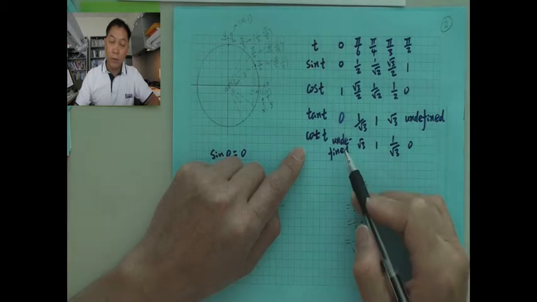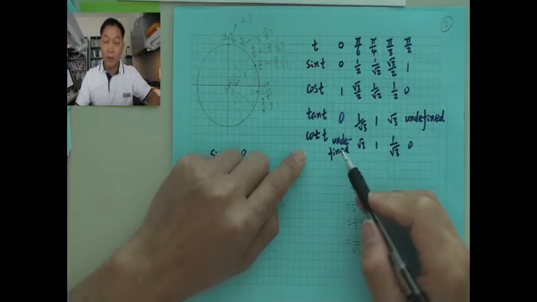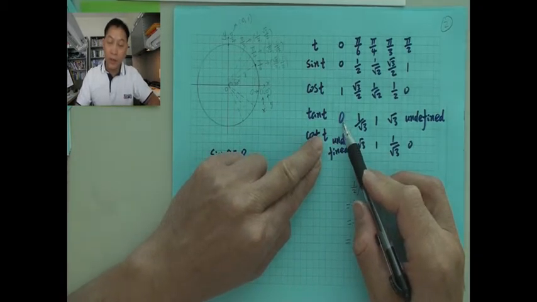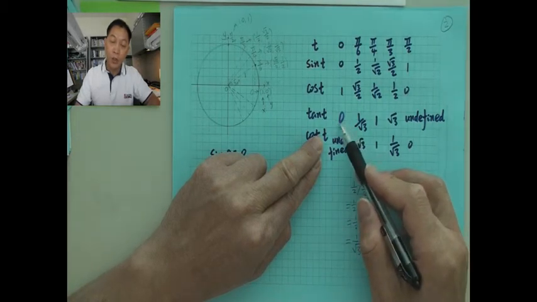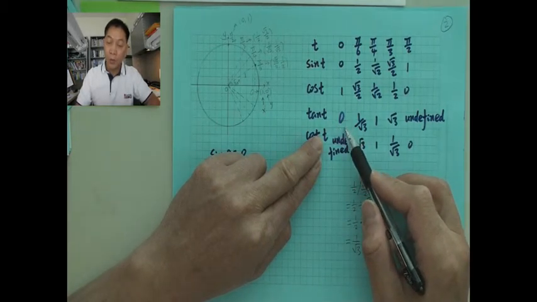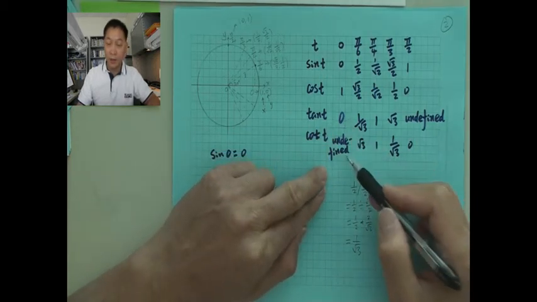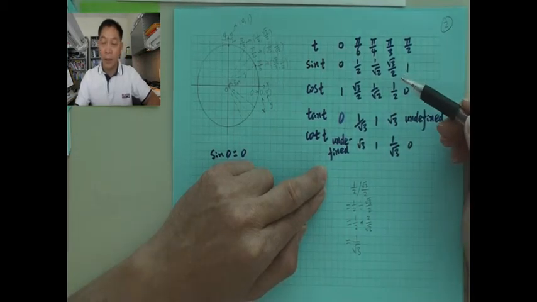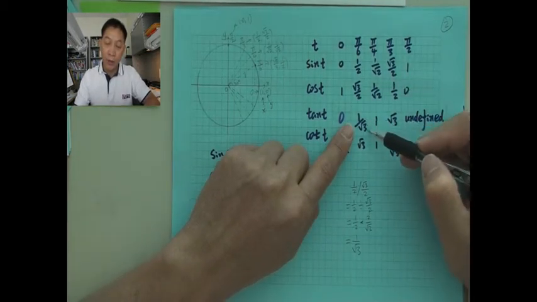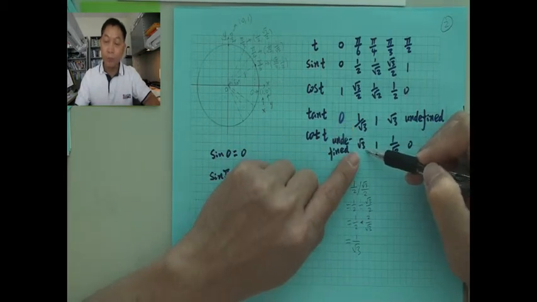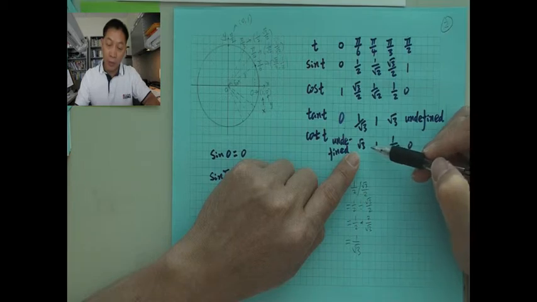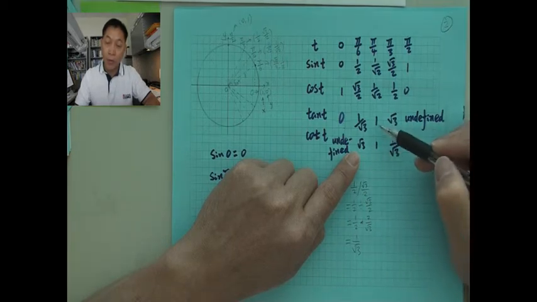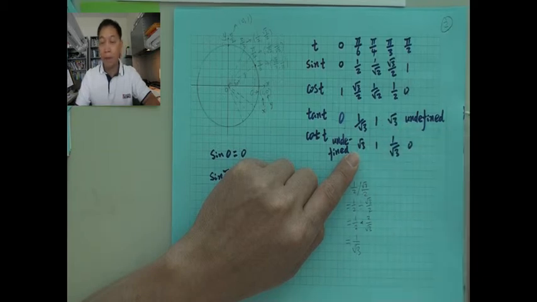Okay, now for cotangent t, you just flip tangent t. You see 0 is 0 over 1. If you flip it, it's not defined. So cotangent t is not defined at 0. Okay, and here if you flip numerator and denominator, you get radical 3 over 1. Radical 3 over 1 is just radical 3. You flip 1 over 1, because 1 is 1 divided by 1, you still get 1.